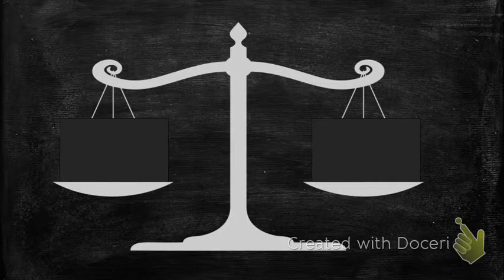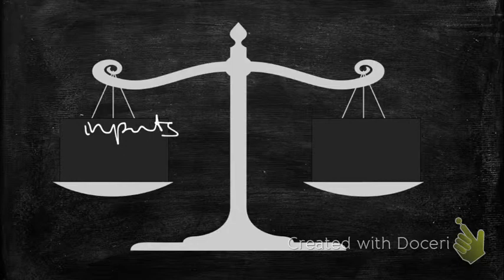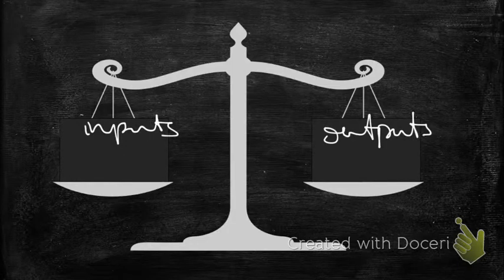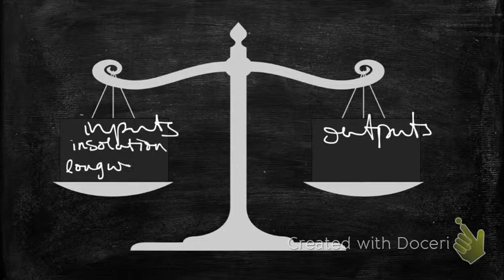Our energy balance is a budget between the inputs and the outputs. Inputs include the shortwave radiation from the sun, known as insolation, and also the long-wave radiation that's reflected back into our atmosphere.